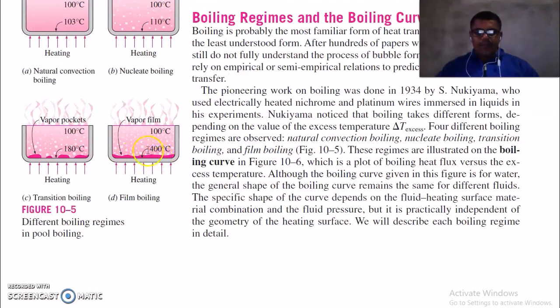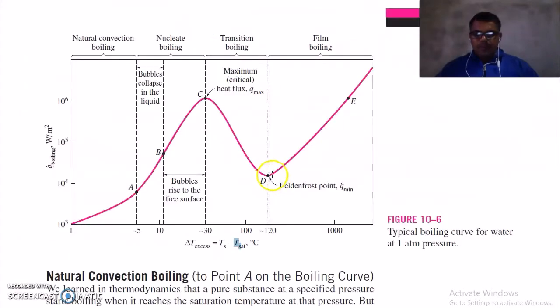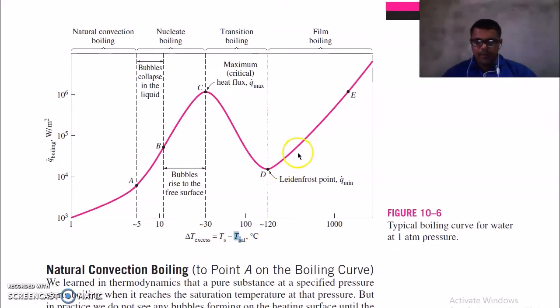Radiation will be transferred from the heating surface to the liquid surface. So if you further exceed the temperature excess beyond this point, radiation will come into play, which causes the heat flux to increase.